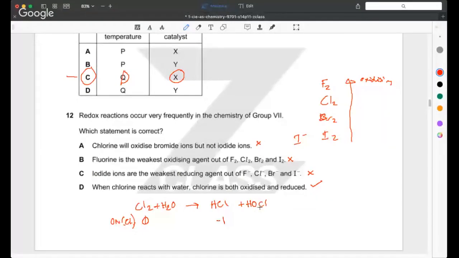And here, the oxidation number of the chlorine atom is +1, because the oxidation number of oxygen is usually -2. And so that means we've properly got a disproportionation reaction where the chlorine is both oxidized and simultaneously reduced. There it's reduced, there it's oxidized. So we can positively identify that D is the right answer for that.